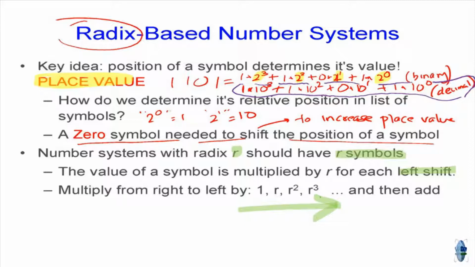Now you could similarly talk about a decimal representation of this number 1101. So you could have 1 into 10 raised to 3 plus 1 into 10 raised to 2, plus 0 into 10 raised to 1 plus 1 into 10 raised to 0.